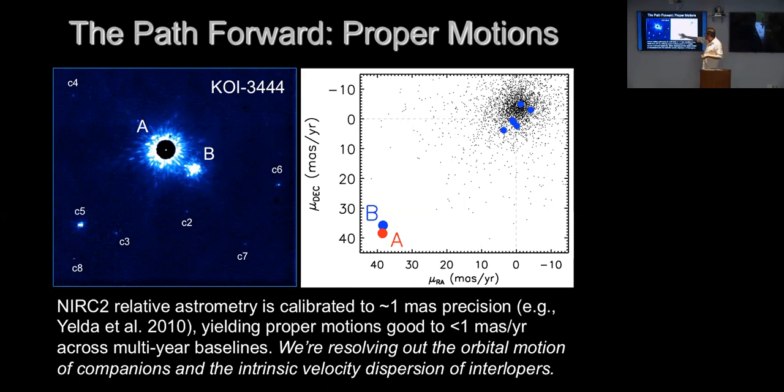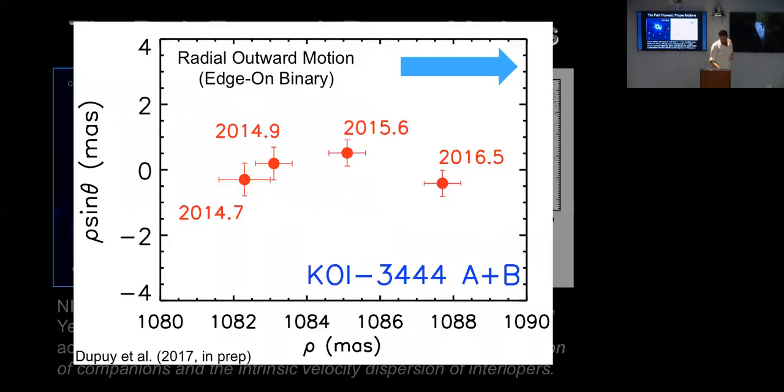But A and B both have about the same proper motion. B is actually different from A by something on the order of a few milliarcseconds per year. And if you make a plot of this, specifically the position angle versus the separation between them, over time, from 2014 through 2015 to 2016, the separation has been increasing, but the PA has not.